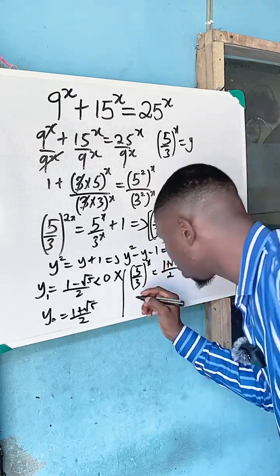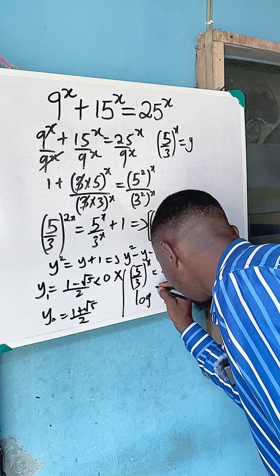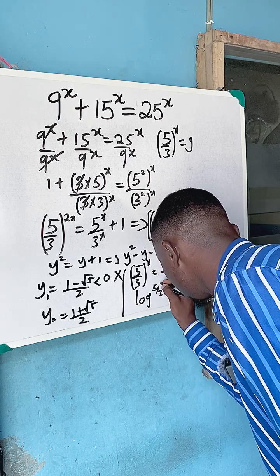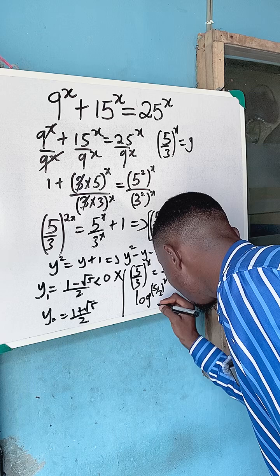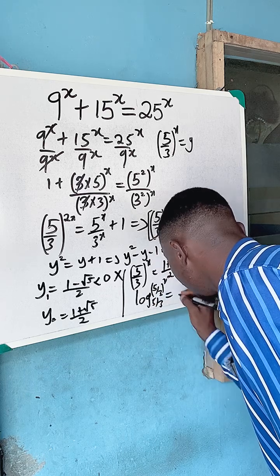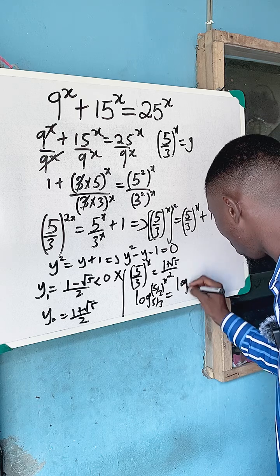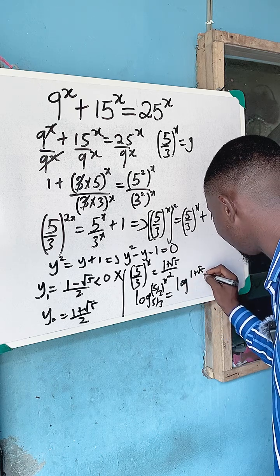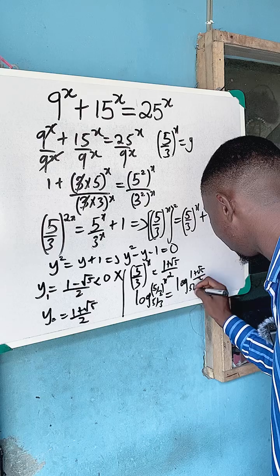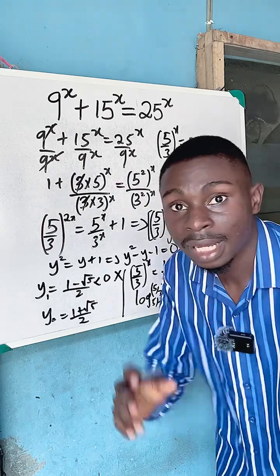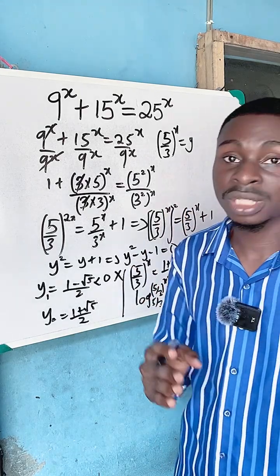So this now becomes the log of 5 over 3 to the power of x in base 5 over 3 is equal to the log of 1 plus root of 5 divided by 2 in base 5 over 3. Notice, log of the same base is always equal to 1.